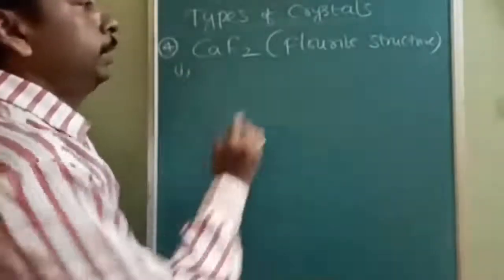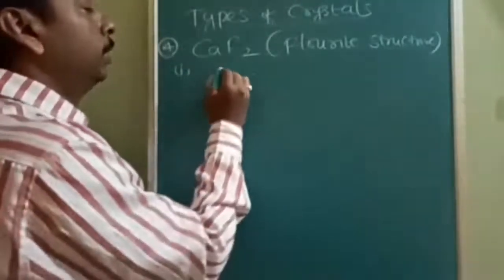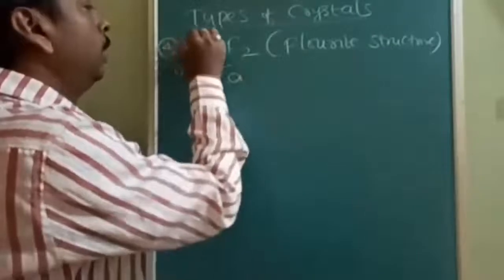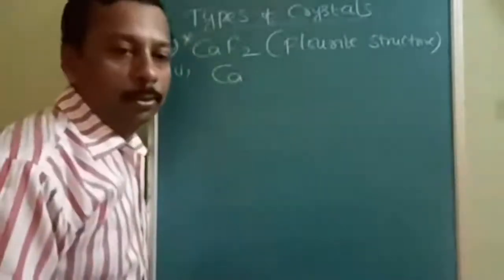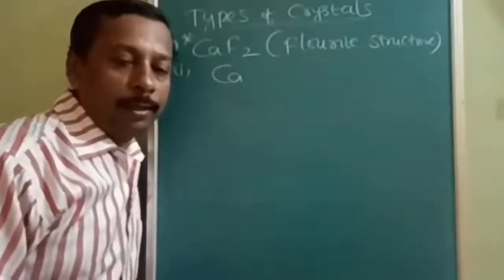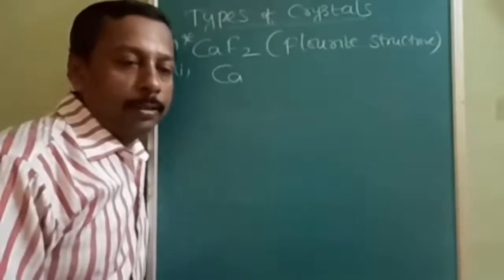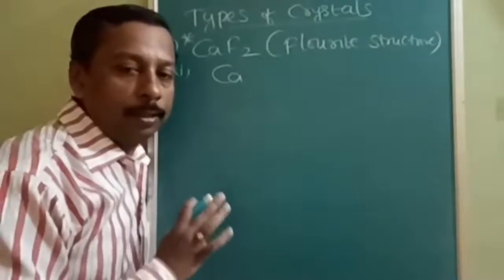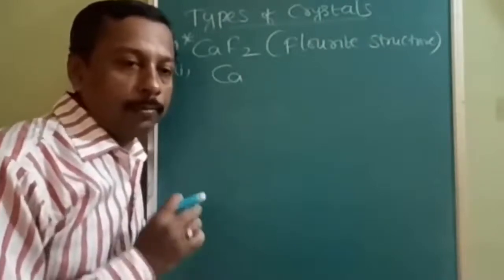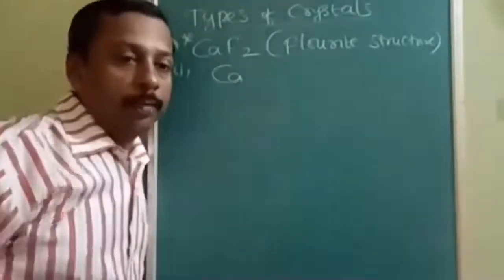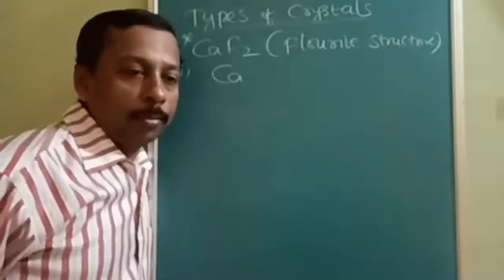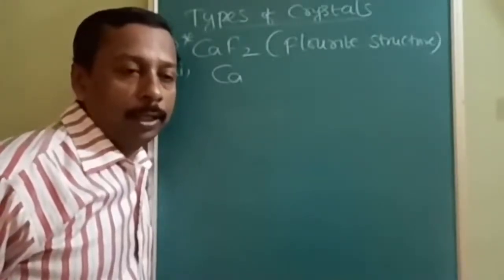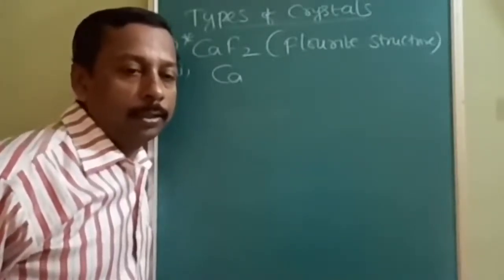First, CaF2. This is the only example where the cation forms the lattice and the anion occupies voids. In all other places, the negative ion forms the lattice and the positive ion occupies voids, but here it is opposite.